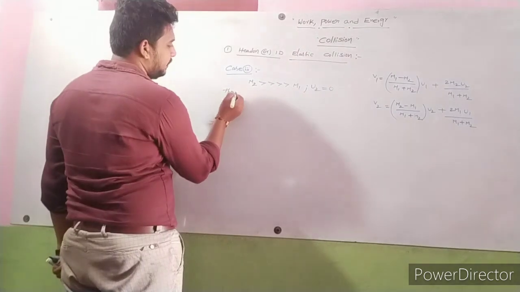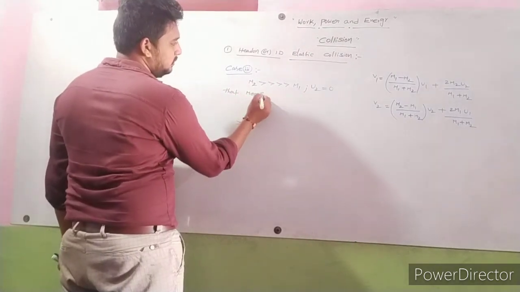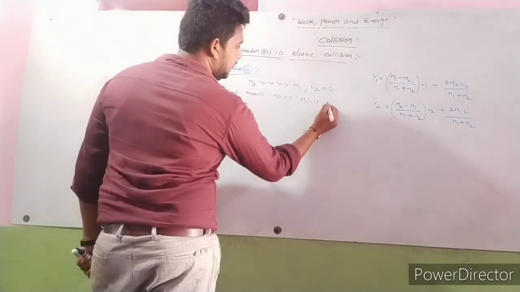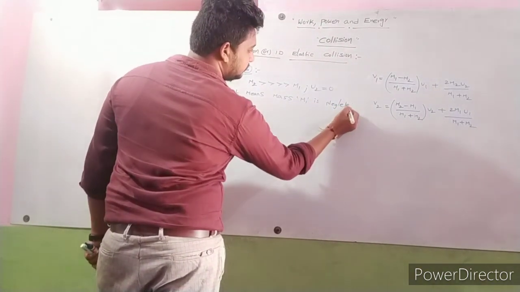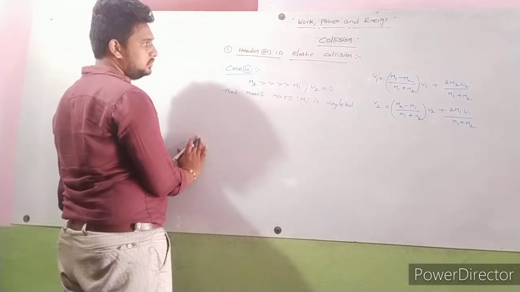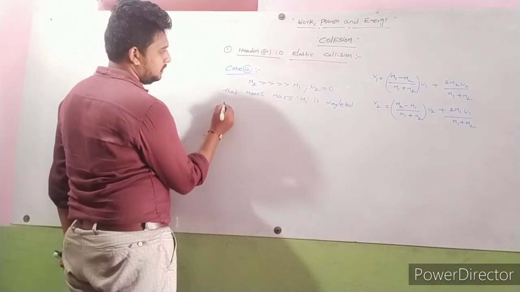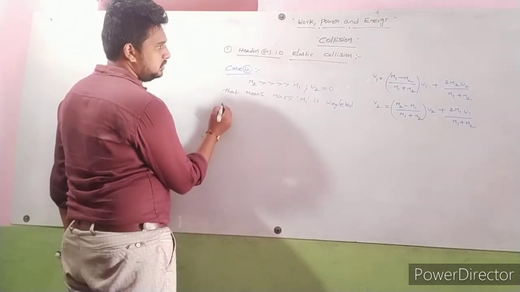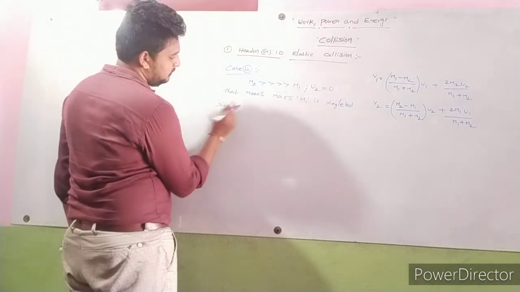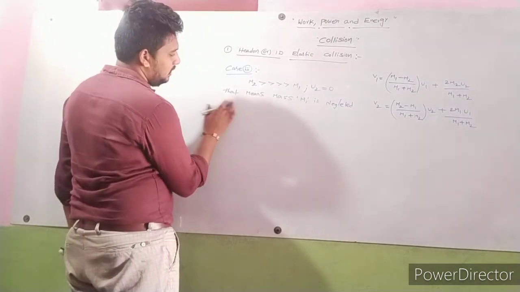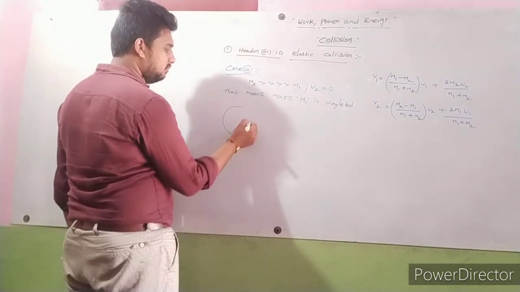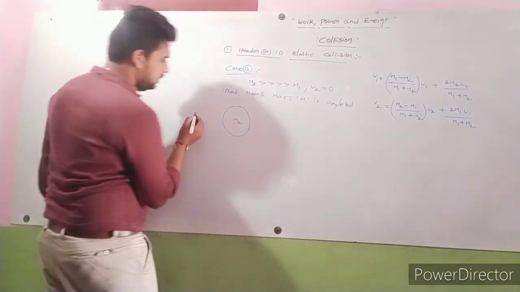That means mass m1 is neglected. So if you consider m2 greater than m1, this is m2 and this is m1.